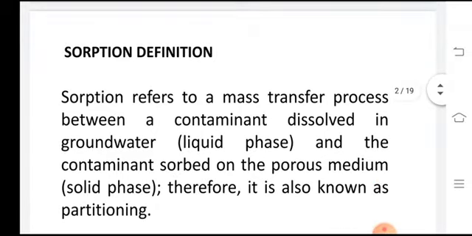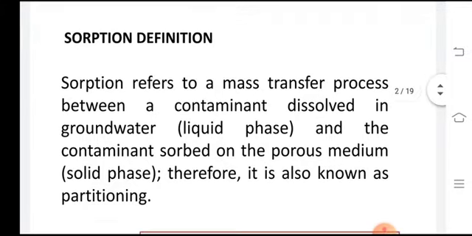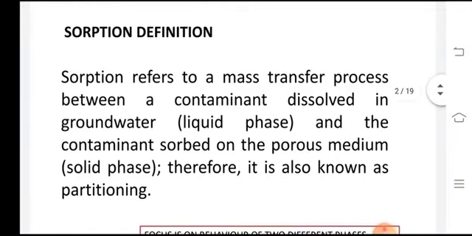Sorption refers to a mass transfer process between a contaminant dissolved in the groundwater liquid phase and the contaminant sorbed on the porous medium solid phase. Therefore, it is also known as partitioning. Partitioning is the shift of the contaminant between these two phases.